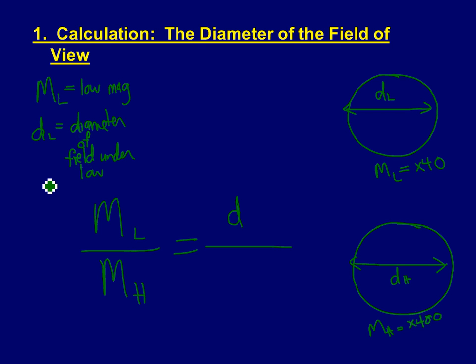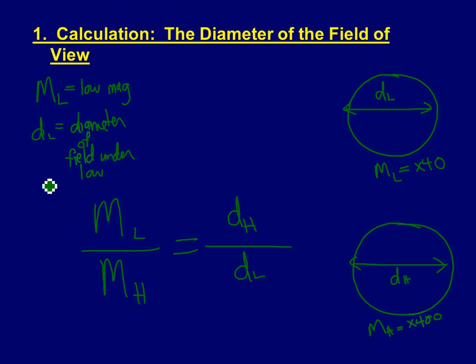I'm going to put a DH over DL because they do the opposite. That's an inverse relationship.